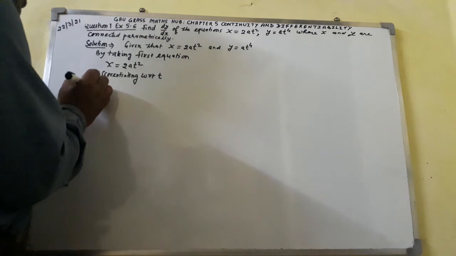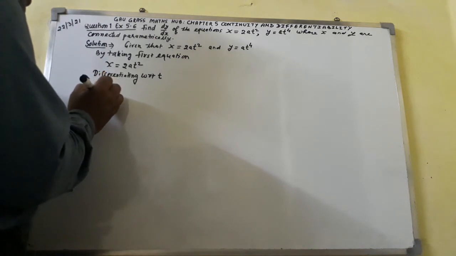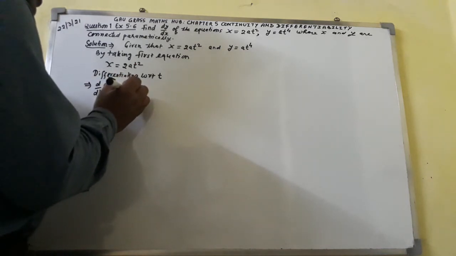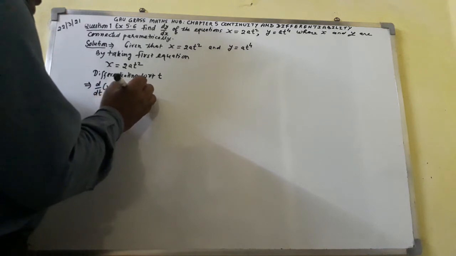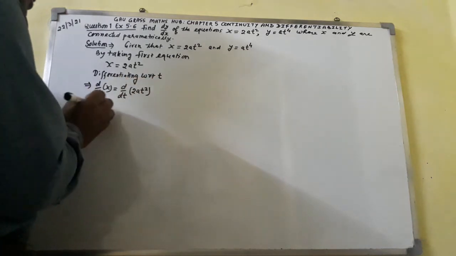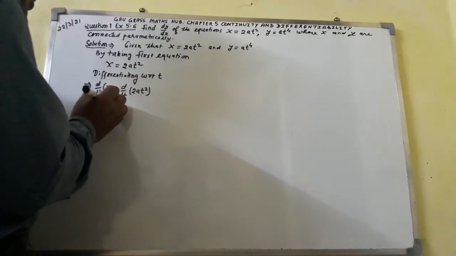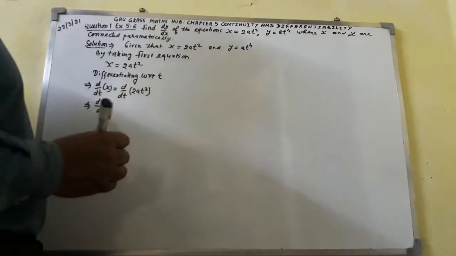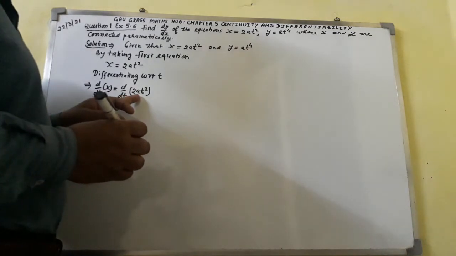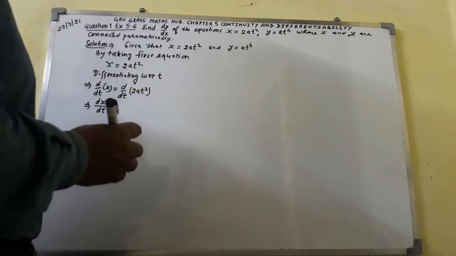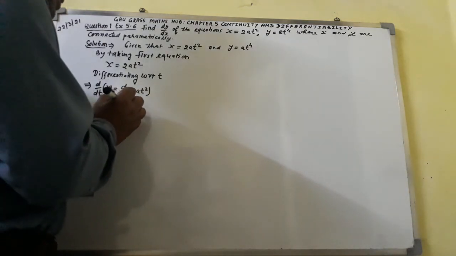Implied that d over dt of x comes out to be d over dt of 2at square, implied that dx over dt equal to, here 2a is a constant multiplied to the t square function. 2a will be popped out.